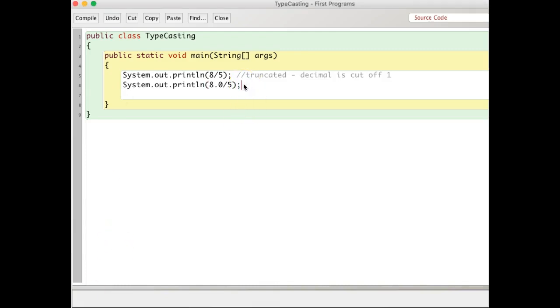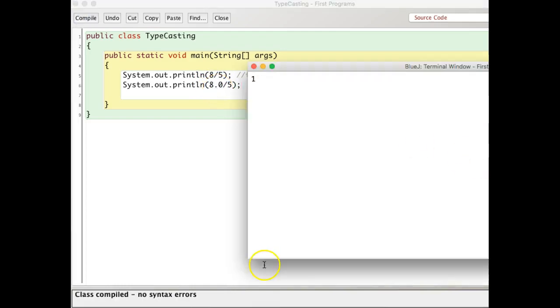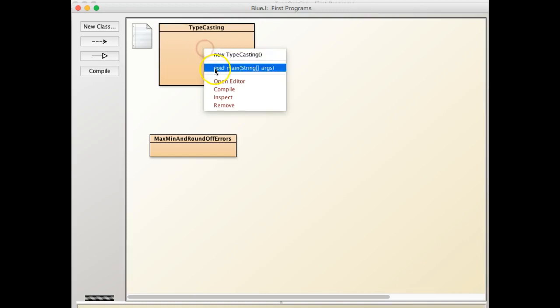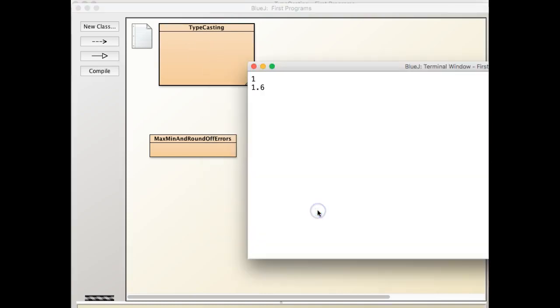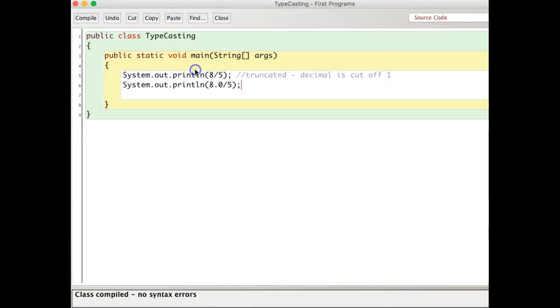So this is an example of an integer being typecasted. It goes from 8 to 8.0. So it changed from an integer to a double. So when I run this, I get the answer that I should get. 1 was before it was typecasted and 1.6 is without.